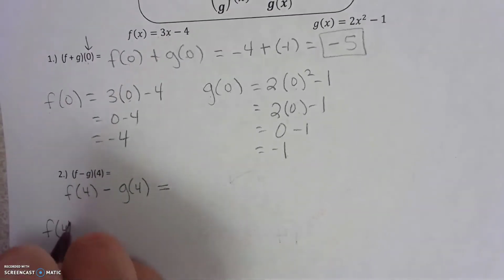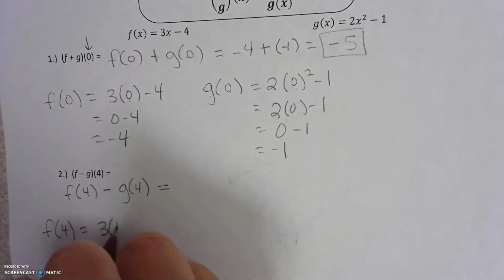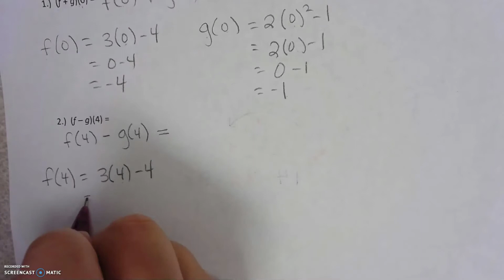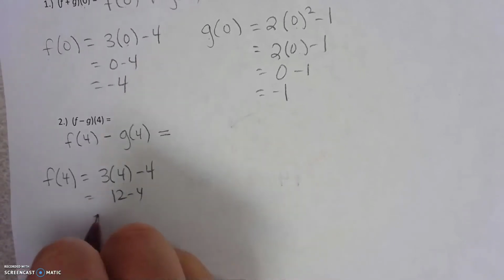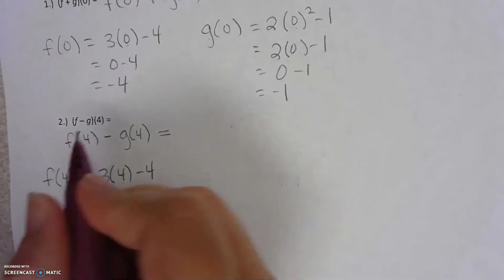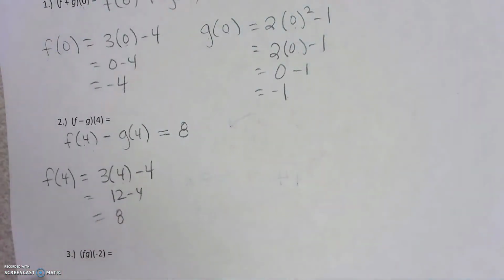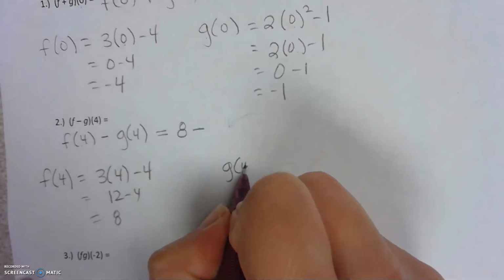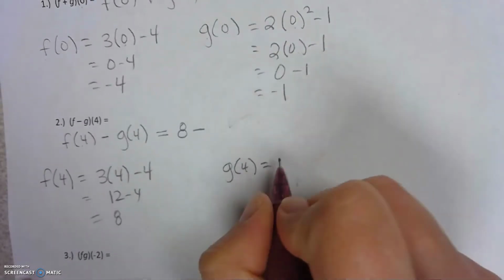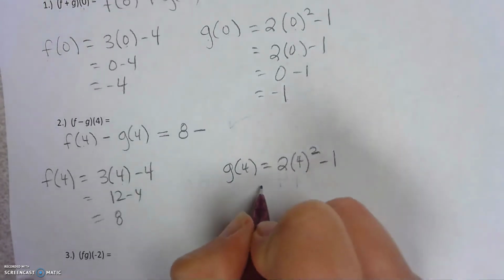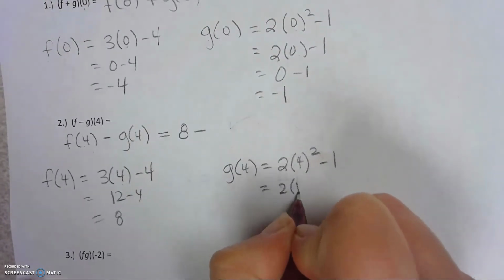Alright, so first we find the value of f when x is 4. So we plug in an x. In place of x, we put the 4. 3 times 4 is 12, minus 4 would give us 8. So the value of f of 4 when x is 4 is 8. We're going to subtract from that. Alright, we're going to take g of 4. So we're going to take the function g, plug in 4 everywhere there's an x.